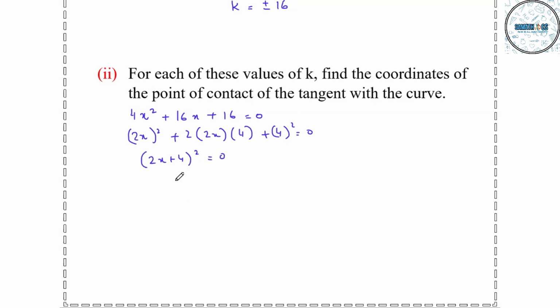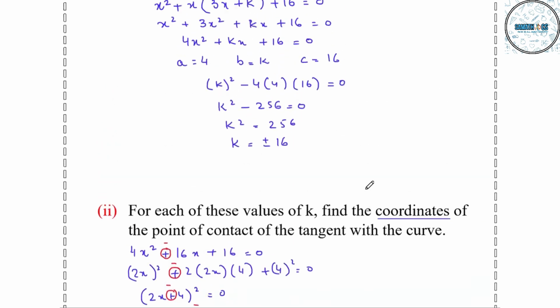If we take the square root on both sides, we will be left with 2x plus 4 is equal to 0. So x is equal to minus 2. If we substitute here minus 16, then there will be a change in sign only. So the answer would be x is equal to plus 2. We don't need to solve it again, as we know there will be only a change in sign.